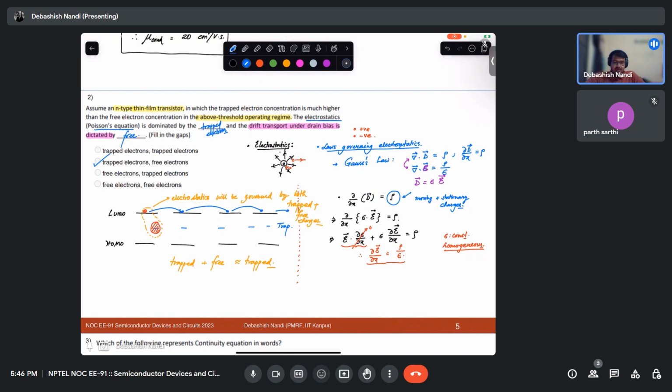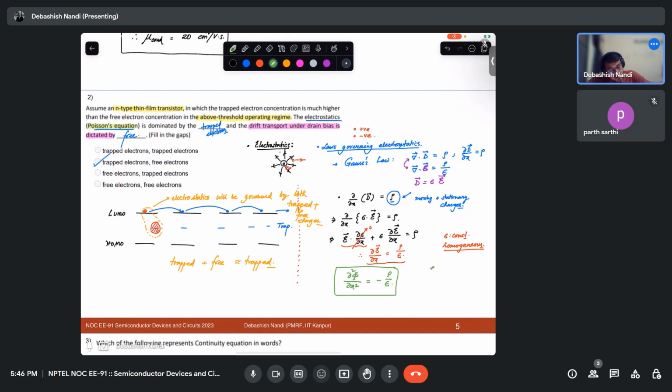So the main point is for you to understand that electrostatics is governed by this rho, and they have written here Poisson's equation, right? And what about this Poisson's equation? This is nothing but Gauss's law only. d squared phi by dx squared is equal to minus rho over epsilon.